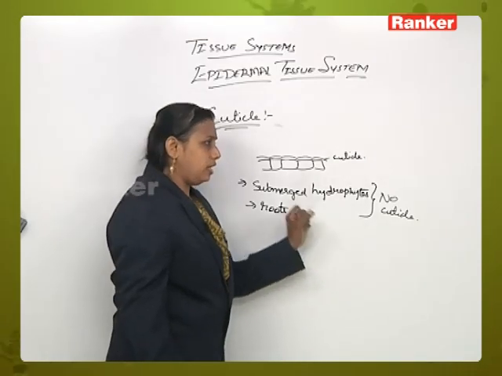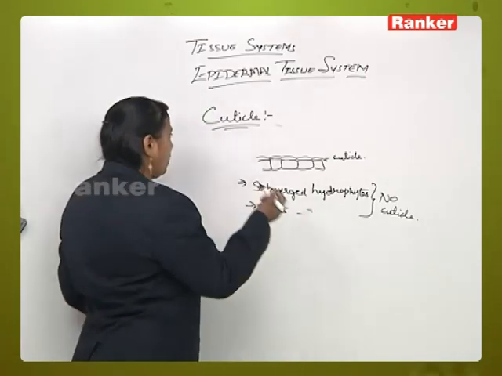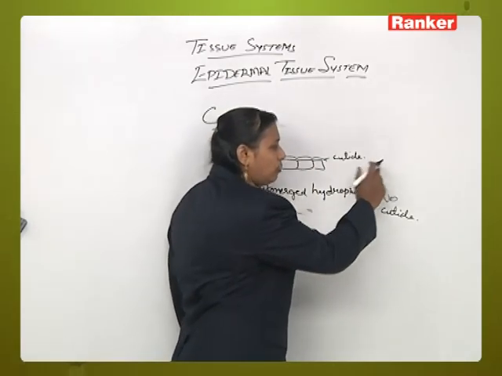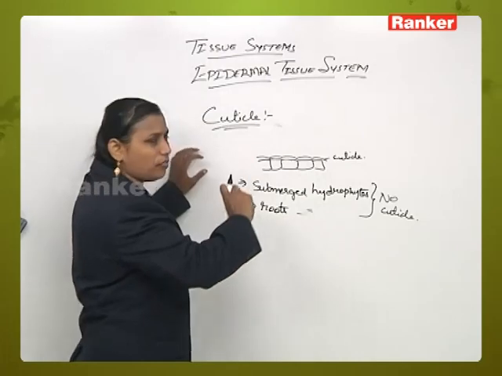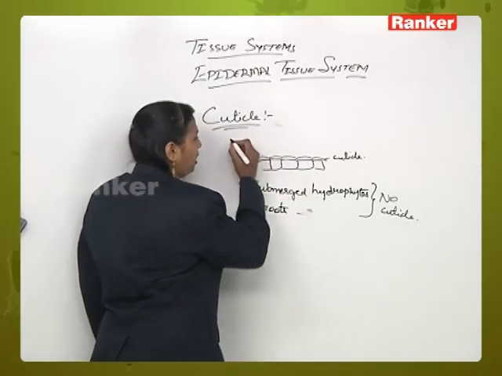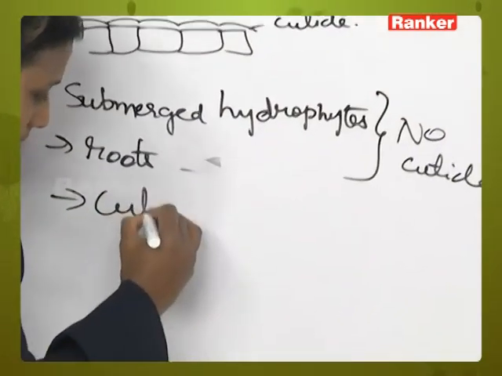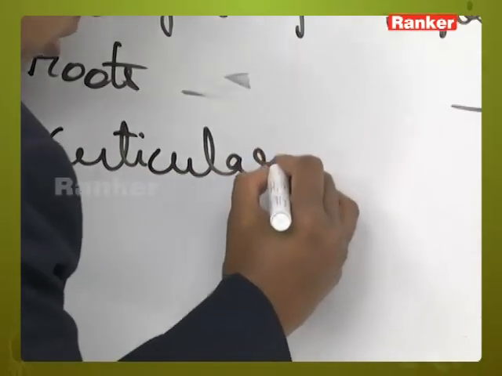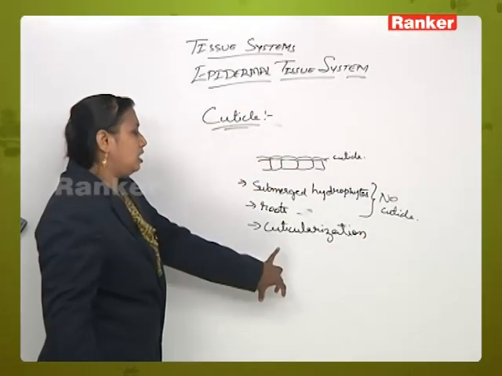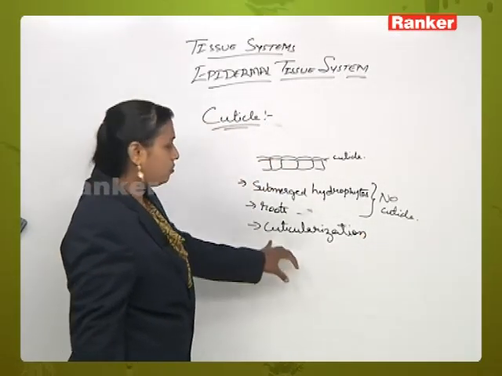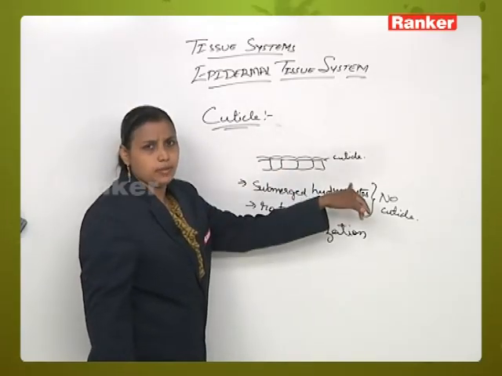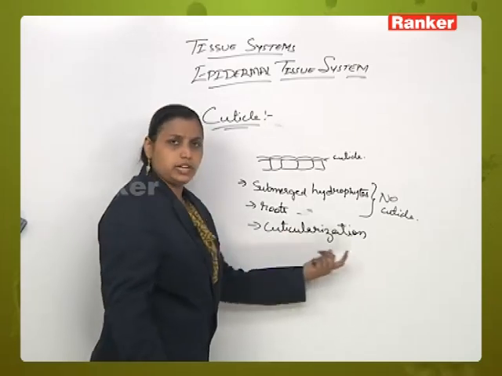Now, there are two terms here. If there is a continuous formation of the cuticle layer, if it is in the form of a continuous layer on the epidermis, then that is called cuticularization.